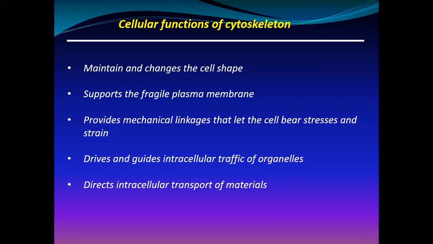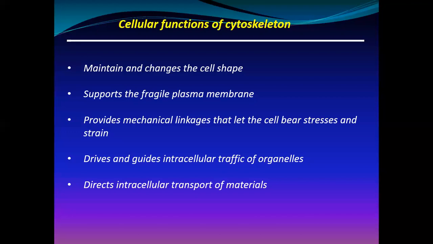As I told you, the human body has a shape because of our skeletal system, isn't it? Otherwise, we are a bunch of muscles, adipose tissue, etc. So the skeleton is giving a structure to us.